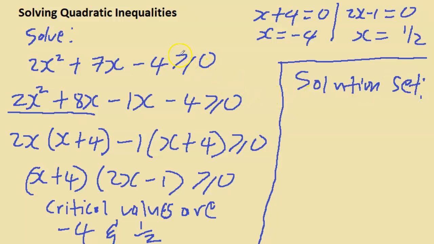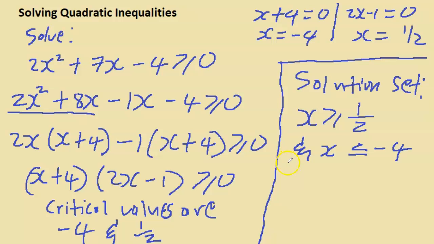Now, since it's greater than, x is greater than or equal to the larger value, which is 0.5 or half. And x is less than or equal to the smaller value, which is minus 4.